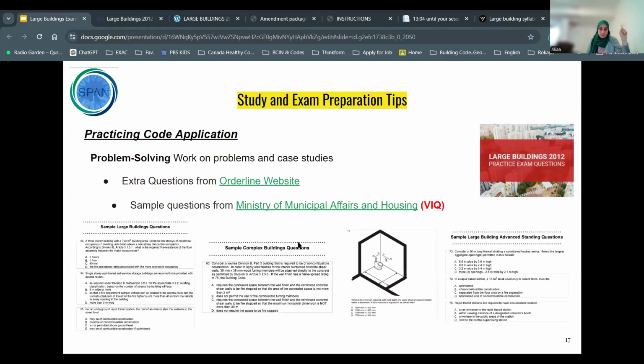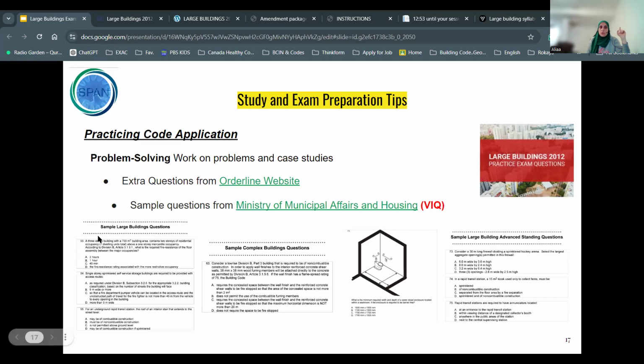It gives you a huge amount of questions, and you can try it if you want. The third source is the sample questions from the Ministry of Municipal Affairs and Housing, and this is a very important source. As you can see here, it gives you sample questions for all BCIN design categories.